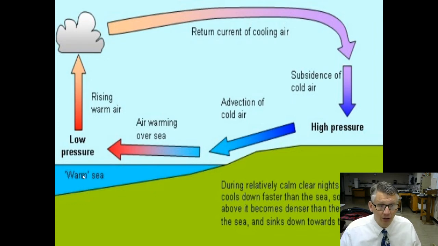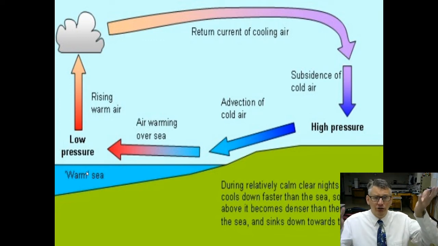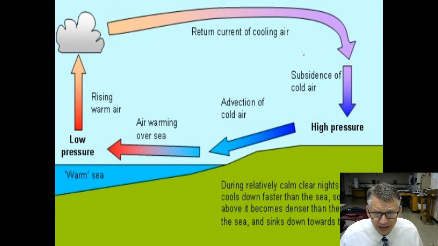So that water in the sea is actually the same temperature, but relatively it's warmer, and is going to go up and create a low pressure. So this is a land breeze as the air convects around like this. And once again, it's a land breeze because it's coming from the land. We always talk about where it comes from.